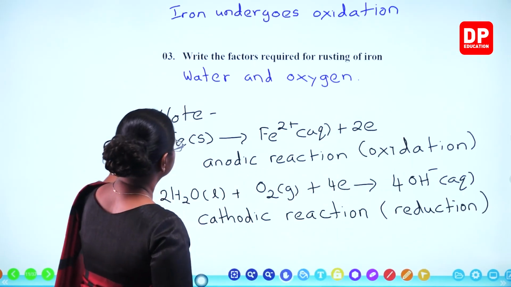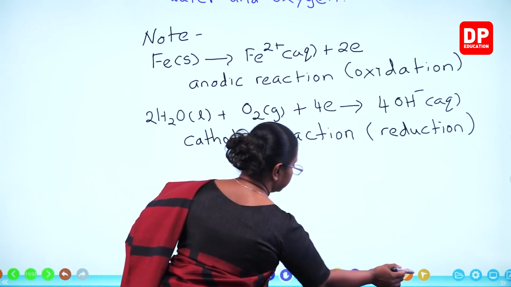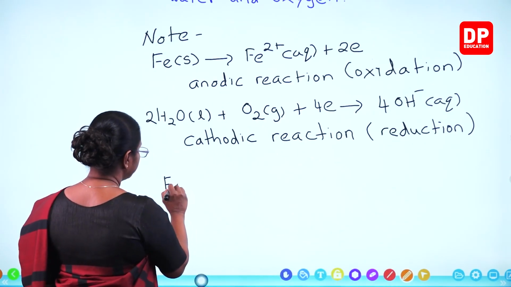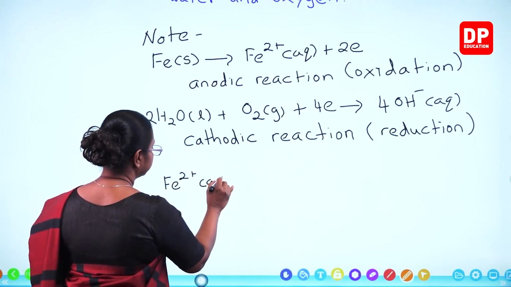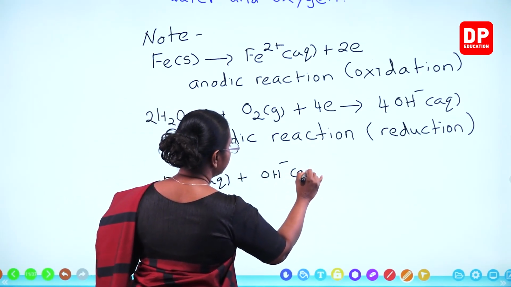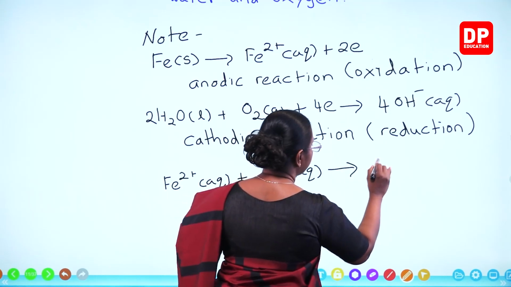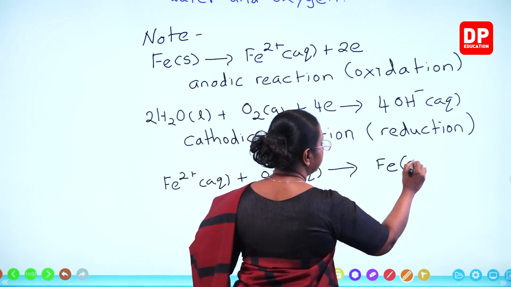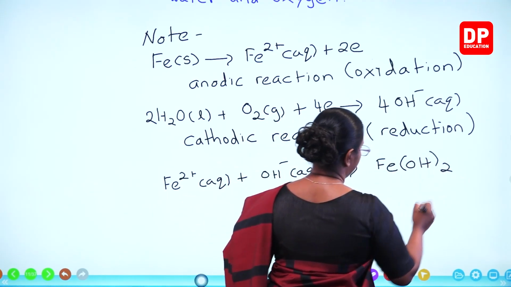Then what happens? Fe2+ aqueous and OH- aqueous combine and form Fe(OH)2.